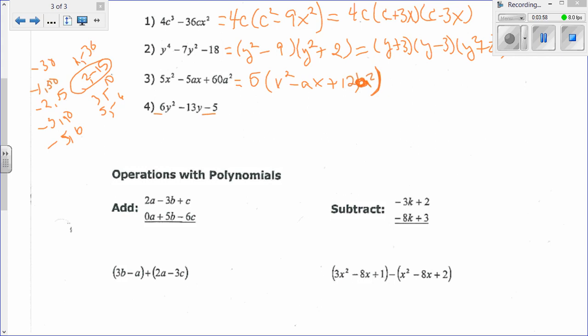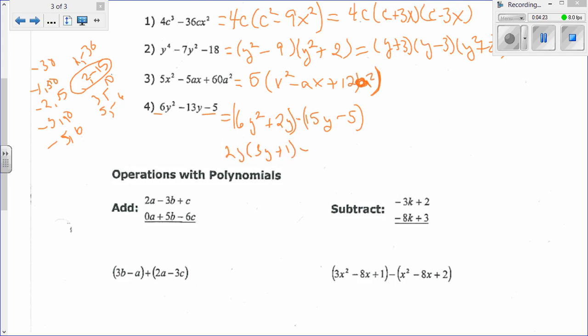So I need to rewrite my equation as 6y squared plus 2y minus 15y minus 5. And then we need to group and group. My GCF here is 2y. I'm left with 3y plus 1.